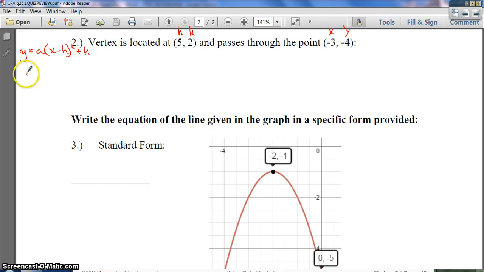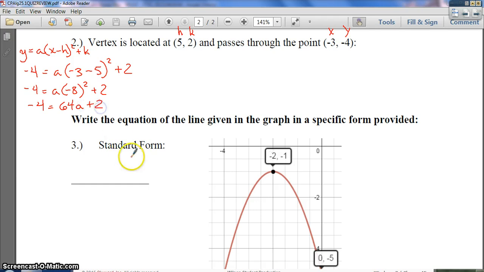So y is negative 4. We do not know what a is. X is negative 3 minus 5, and we're going to square that, plus 2. So, order of operations, this is negative 8 squared plus 2. This is going to be negative 4, and this is going to be positive 64a plus 2.